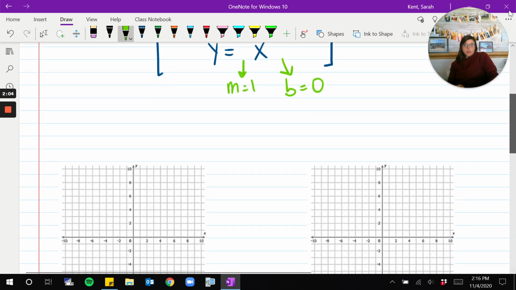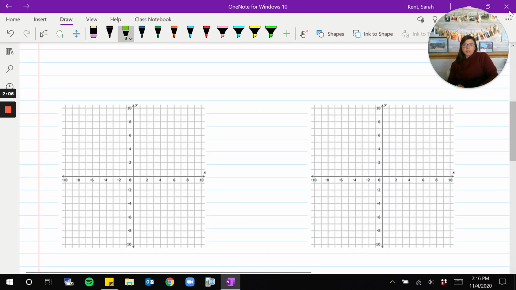So the first thing we're going to look at is what happens if we change our slope. So we're going to start by if we change the m. So our original graph is going to look something like this.